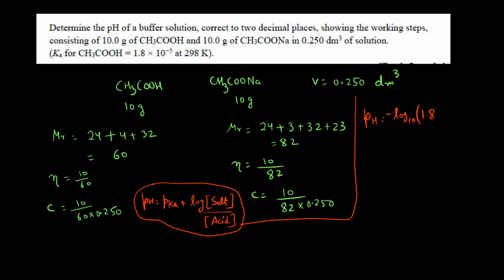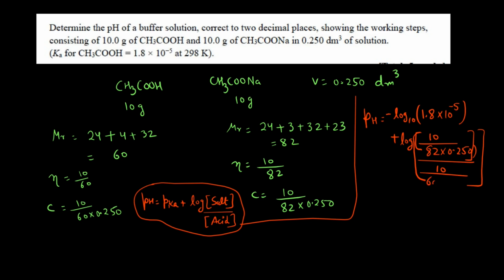Ka is given as 1.8 times 10 to the power minus 5, plus log of the concentration of salt. The salt is sodium acetate, with concentration 10 over 82 times 0.250, divided by the concentration of acid, 10 over 60 times 0.250.